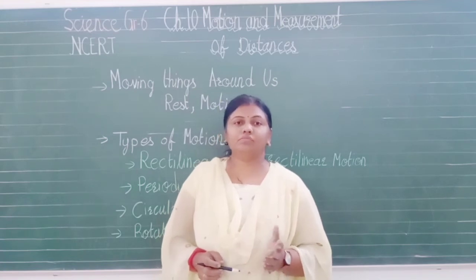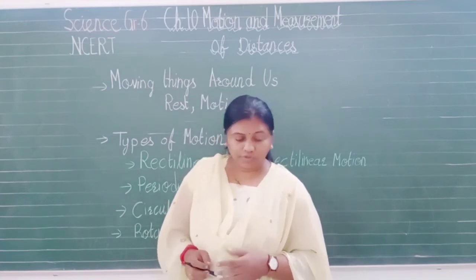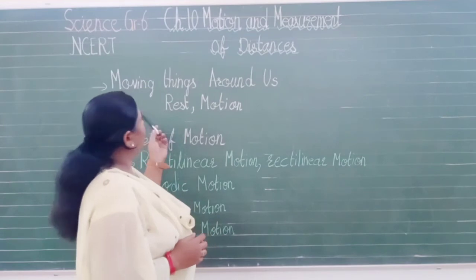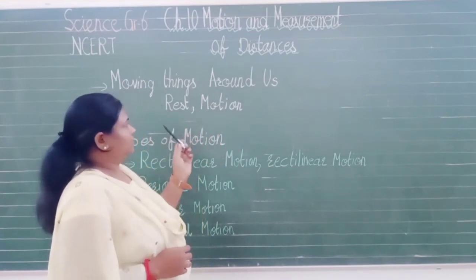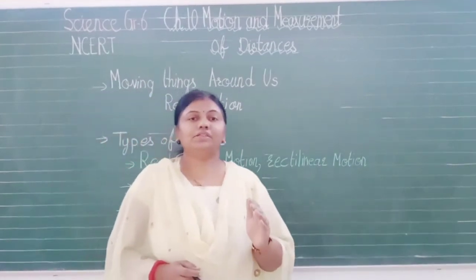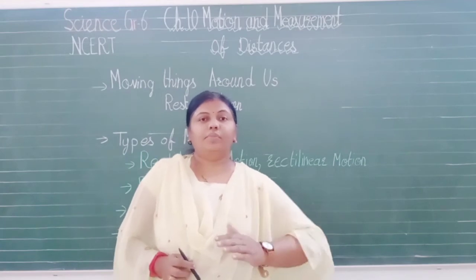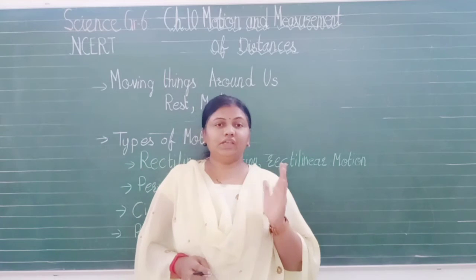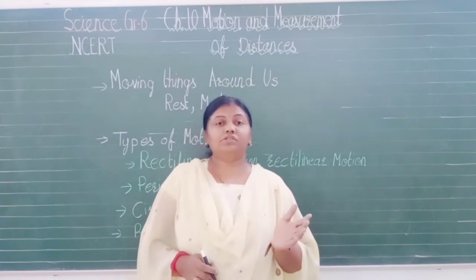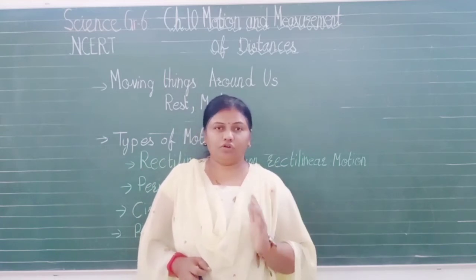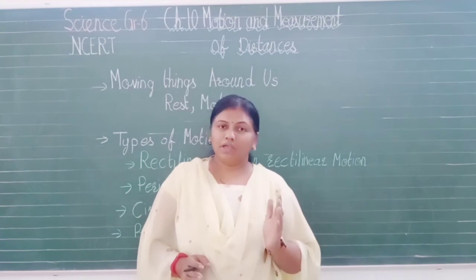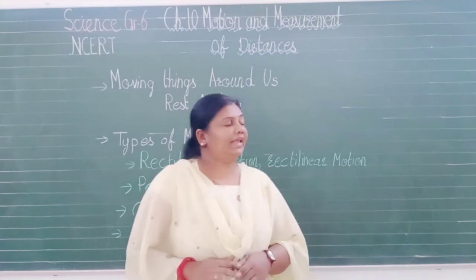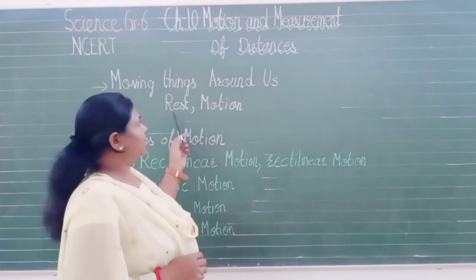Now let us move again to motion, moving things around us. Yes, many things are moving around us, but some are at rest. Suppose a bird is sitting on a roof. It is not changing its position at all, completely at its own place. Then it is said to be at rest.